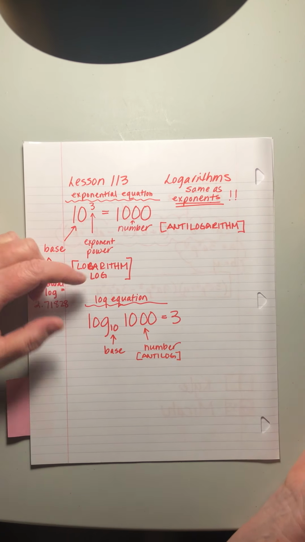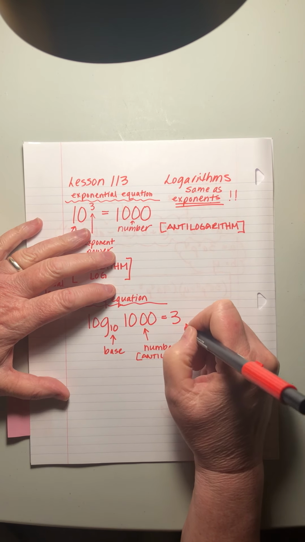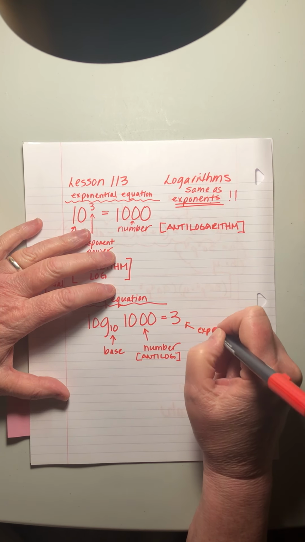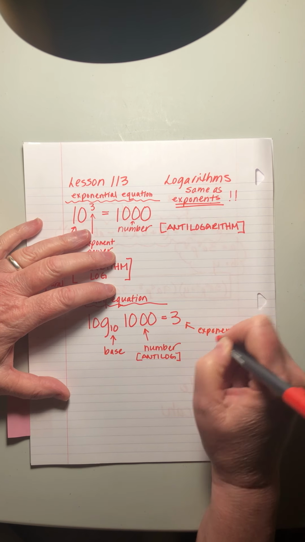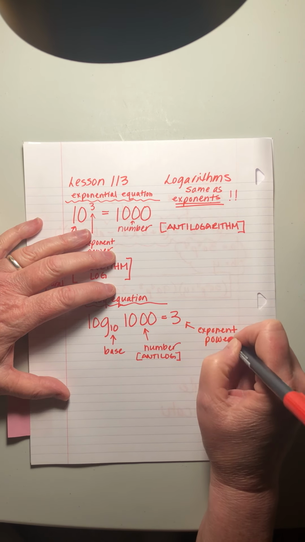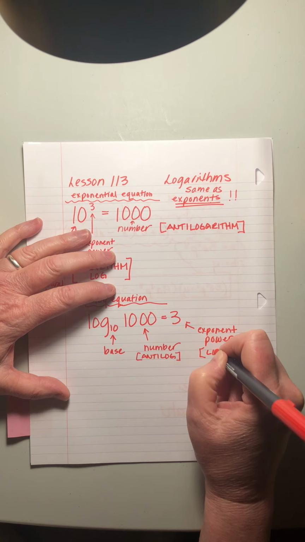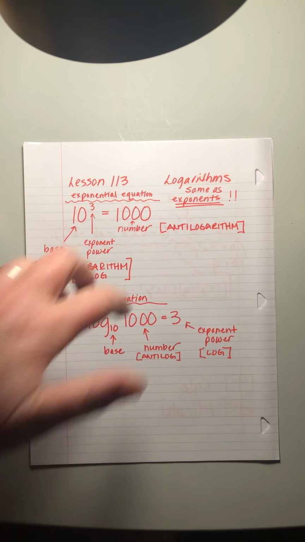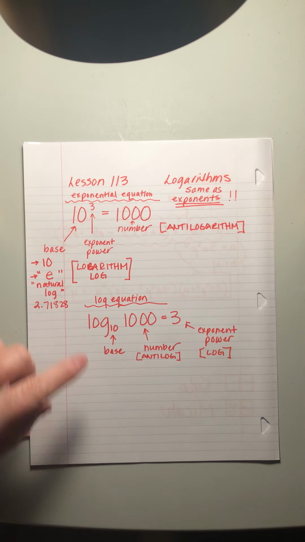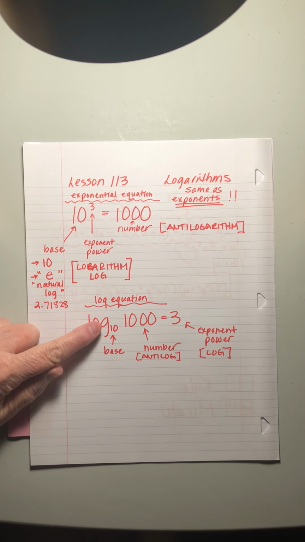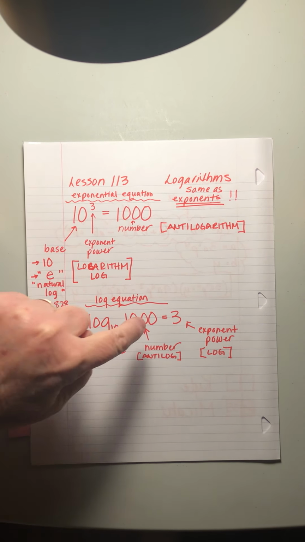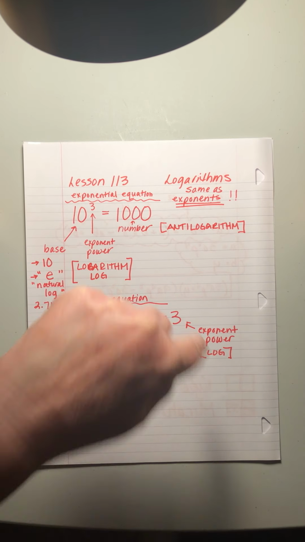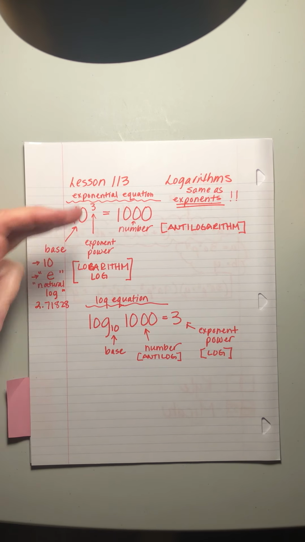And then this number is the exponent or the power. But we can also call it the log because we're cool like that, right? It means the very same thing. The way we look at this is that the exponent we put on 10 to get 1,000 is 3. It's the same information, just inside out and upside down.